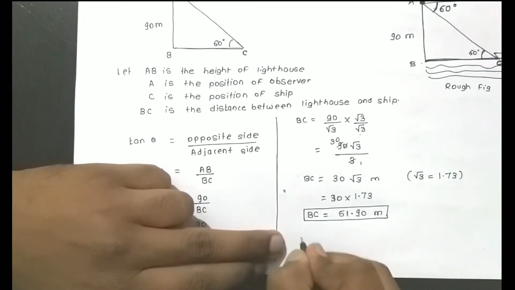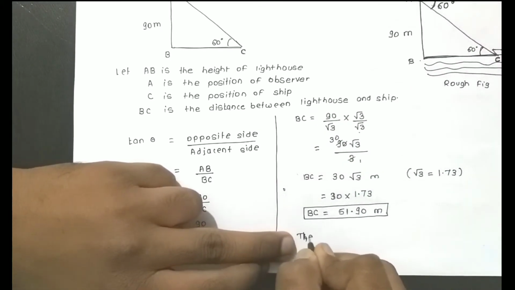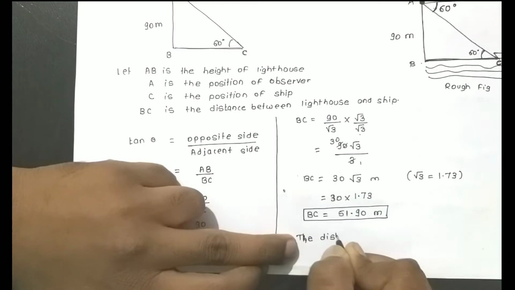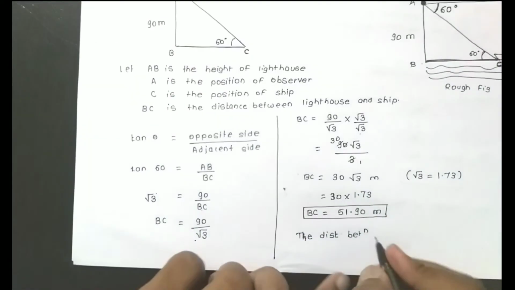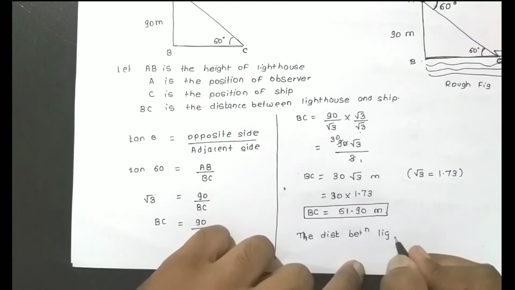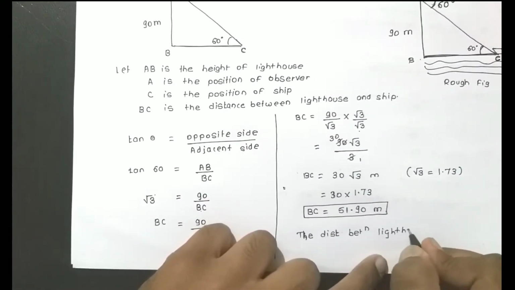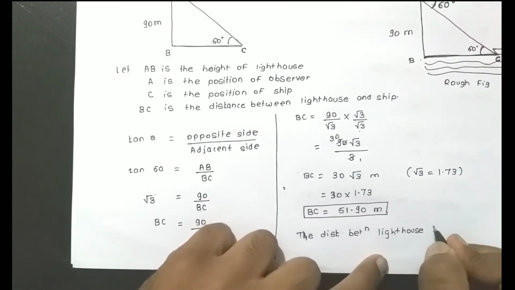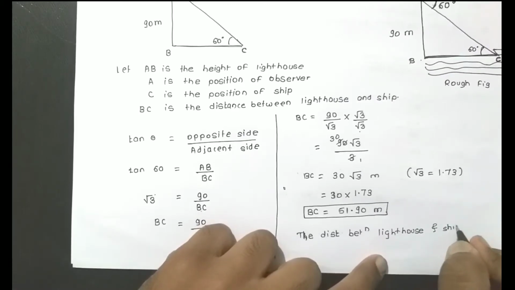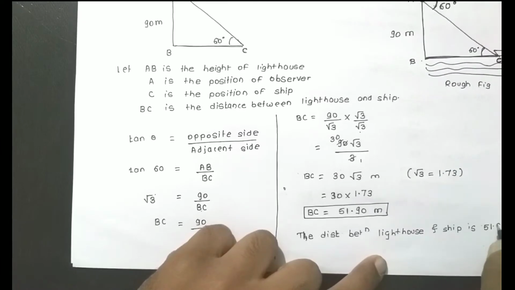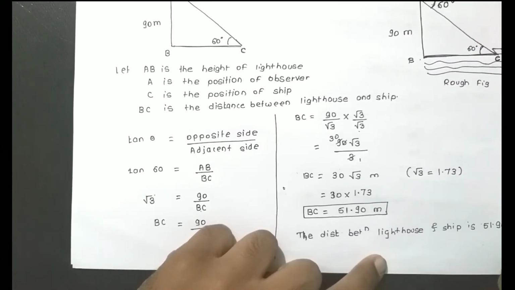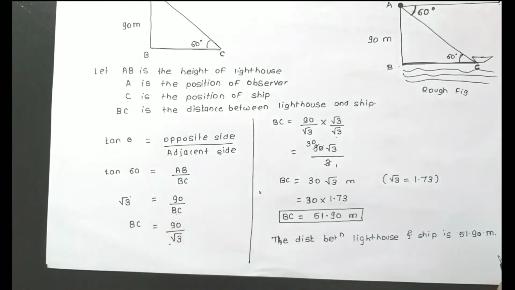So the distance between lighthouse and ship is 51.90 meter. Okay, have you got this example?